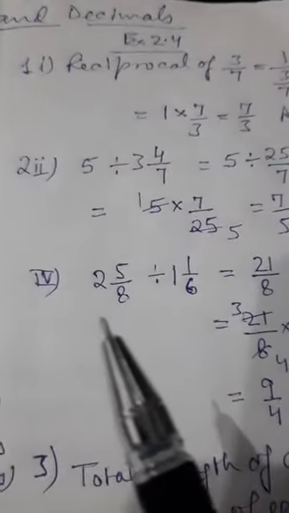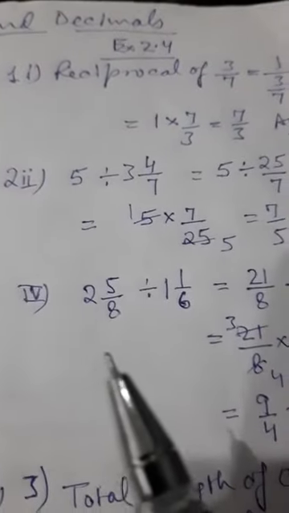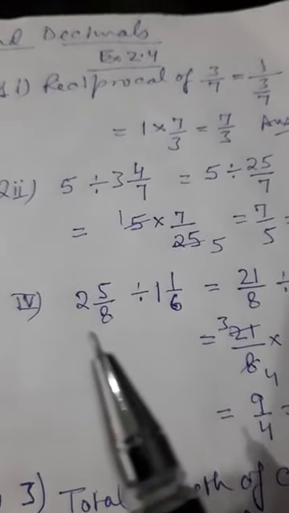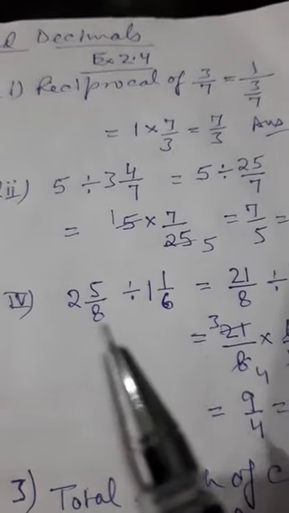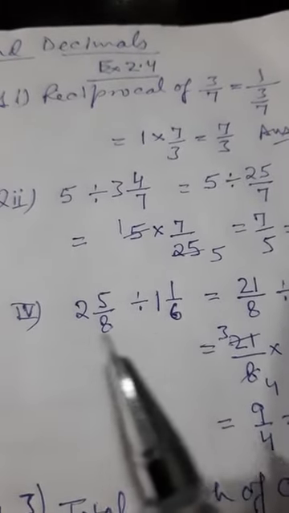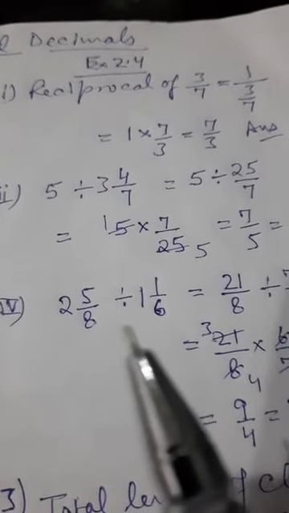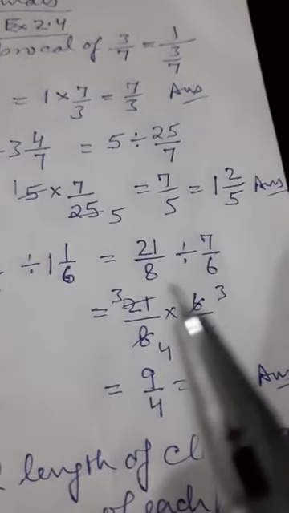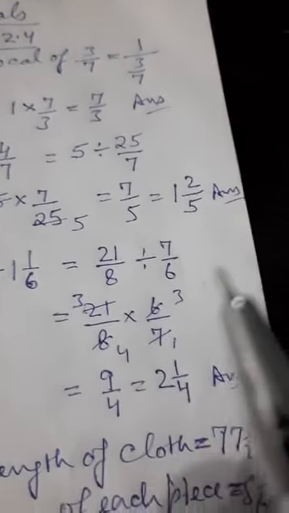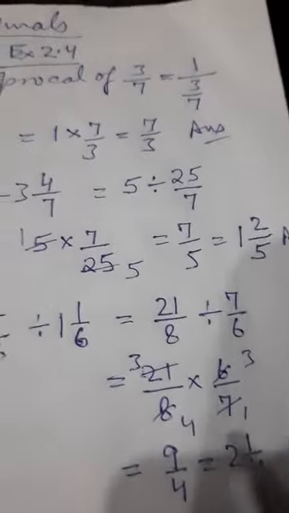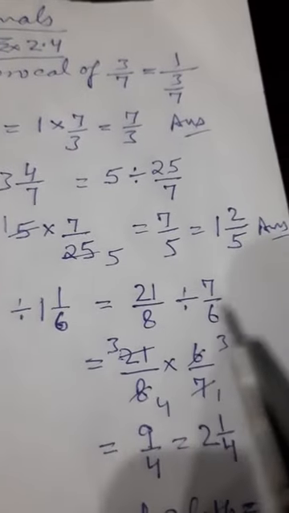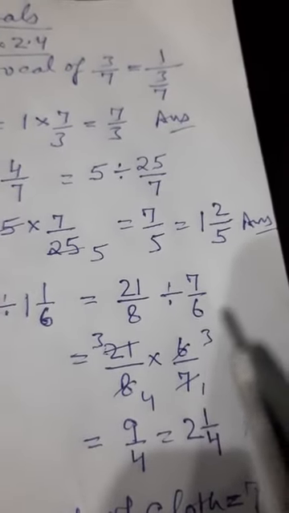Fourth part, evaluate. Now here both numerator and denominator are mixed fractions. So let us convert them into simple fractions. So 21 upon 8 divided by 7 upon 6.